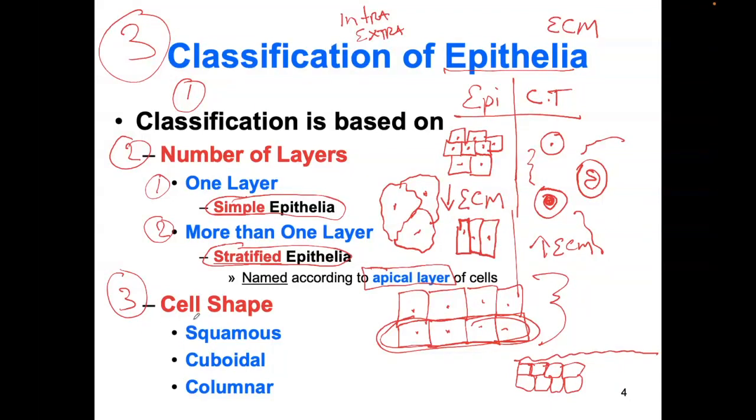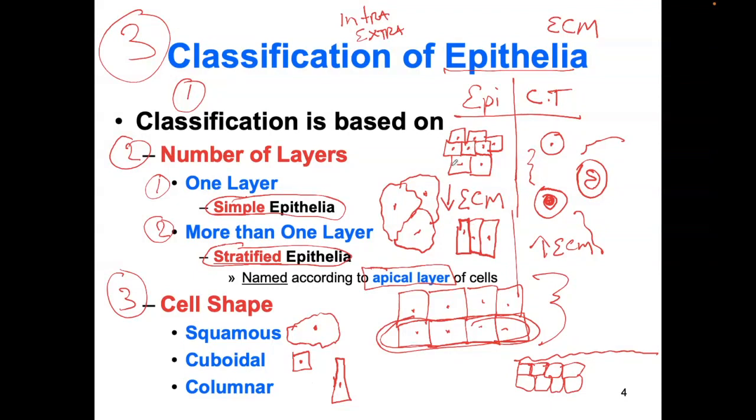The third question: what is the shape of these cells? Are they flat and irregularly shaped? Do they look like ice cubes or squares? Or do they look like tall buildings and columns?